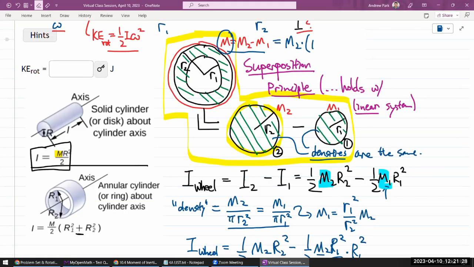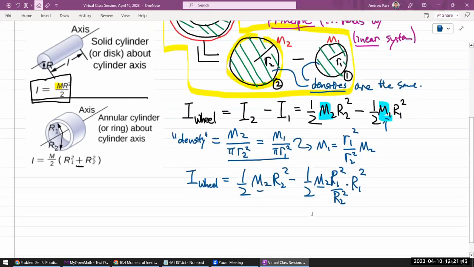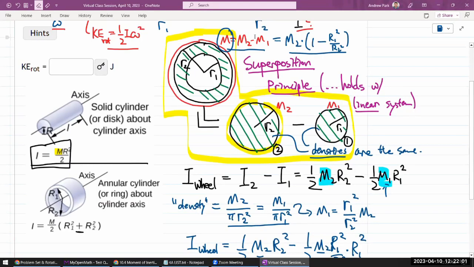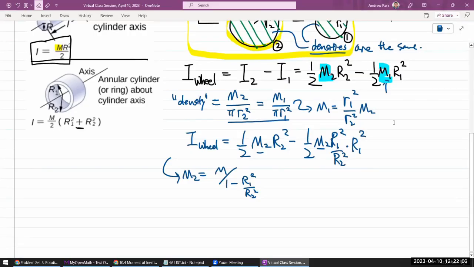Then I have m2 times 1 minus r1 squared over r2 squared. Solving this expression for m2, m2 is equal to the total mass M of the wheel divided by 1 minus r1 squared over r2 squared. Let me scroll up to double check. Yep, they match. Good.